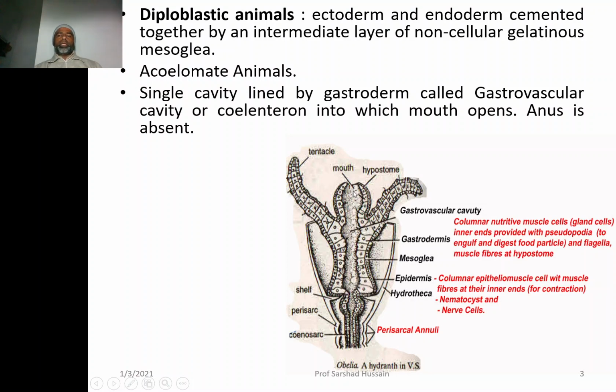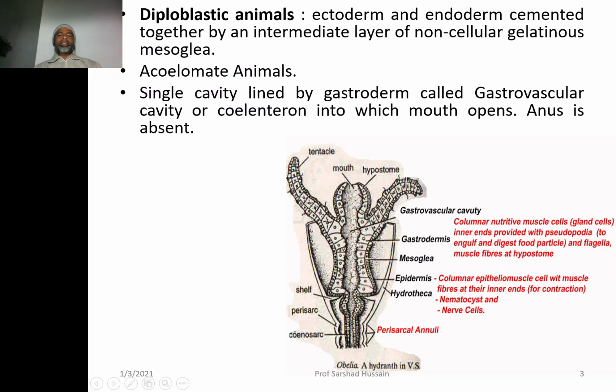Mouth opens into the coelenteron, and anus is absent. There is no anus. You cannot find any other opening of this gastrovascular cavity anywhere. You must remember that this gastrovascular cavity is not the coelom. It is not the body cavity.